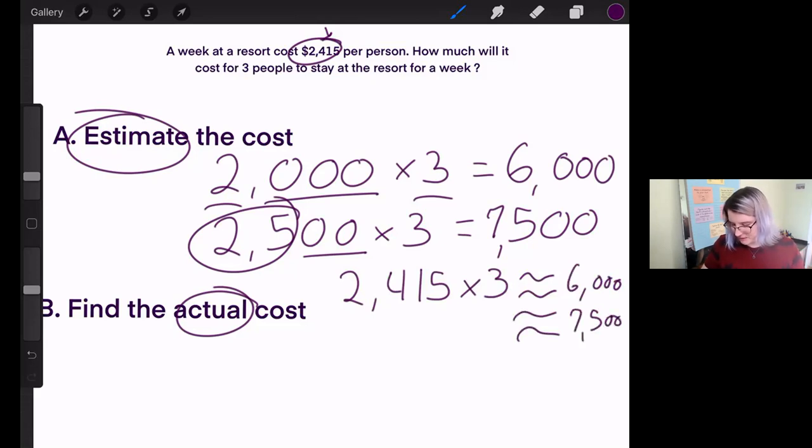We know the real answer is somewhere in between these two numbers. Which product do you think is closer to the real answer, to the actual cost? 6,000 or, I'm sorry, 6,000 or 7,500?